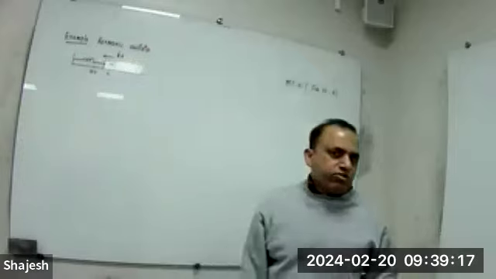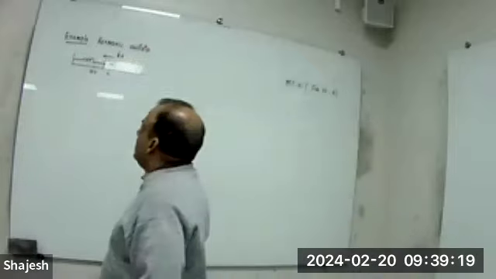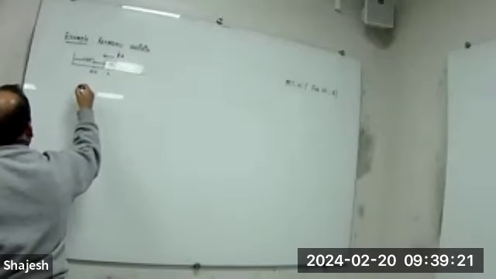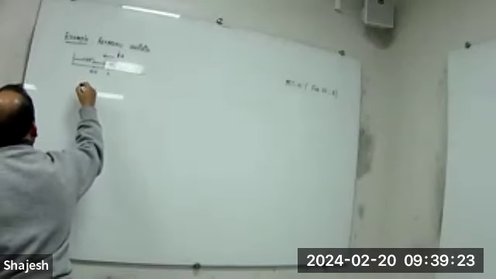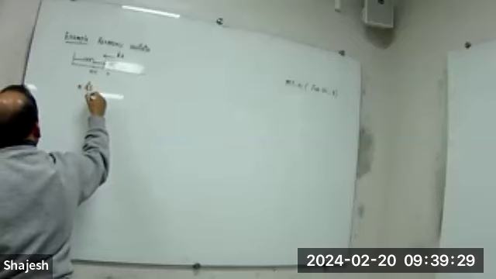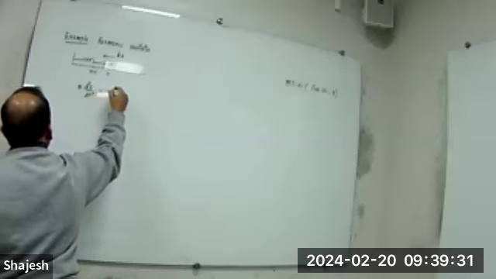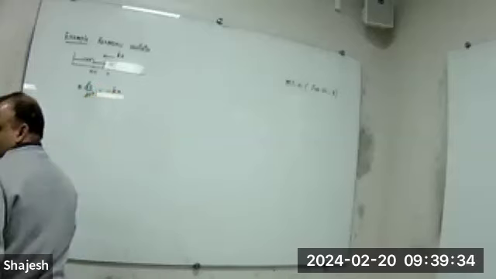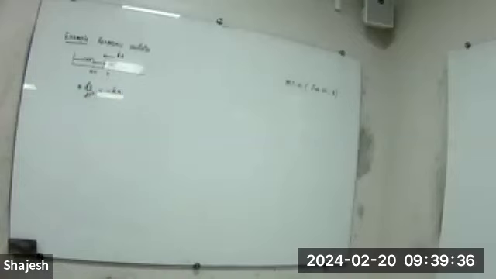If you stretch it to the right, it gets pulled to the left. Our equation of motion is Newton's law, so m d squared x by dt squared is equal to minus kx. There's only one variable, so we don't have to use vectors.